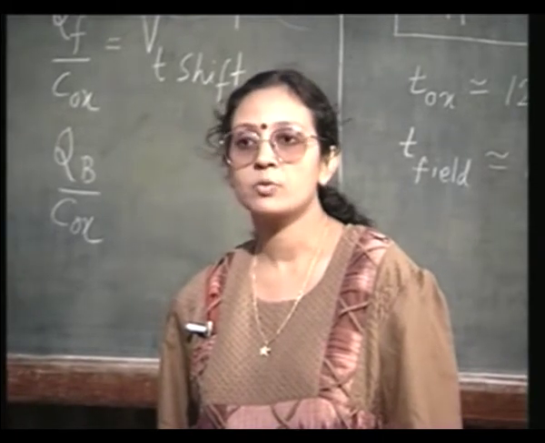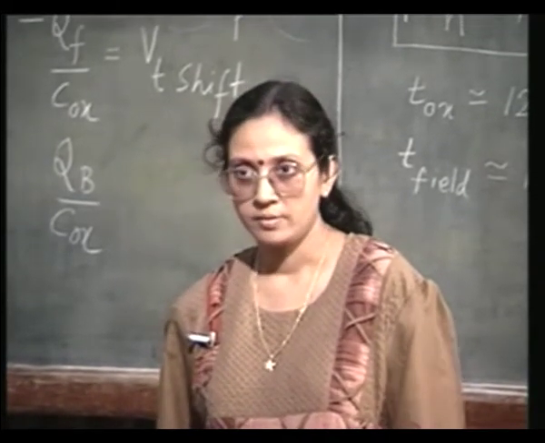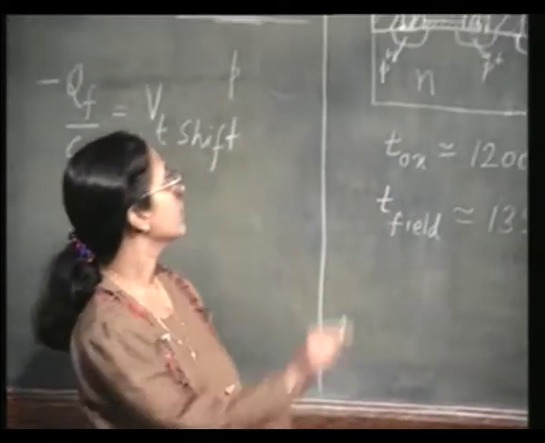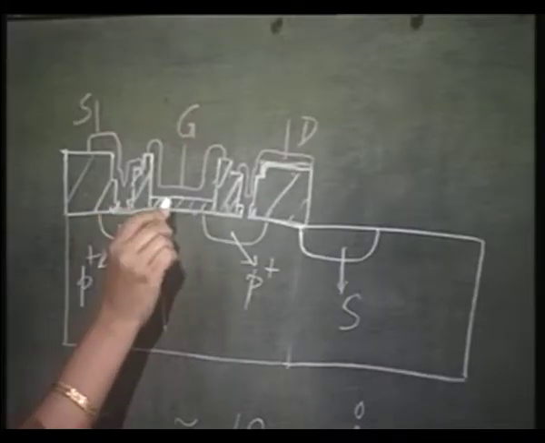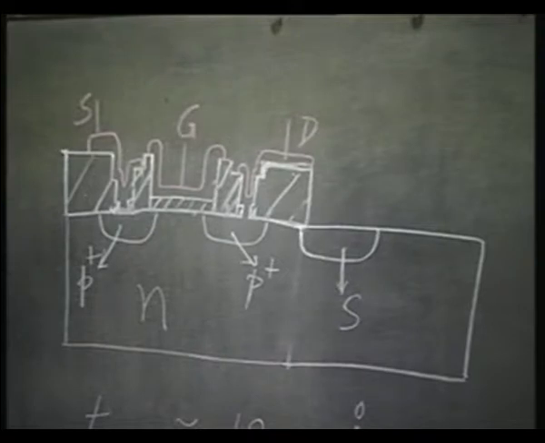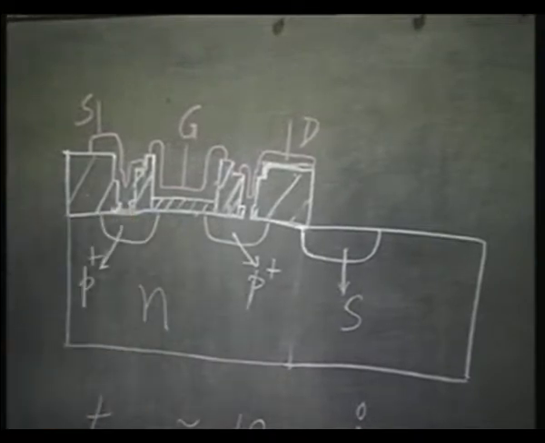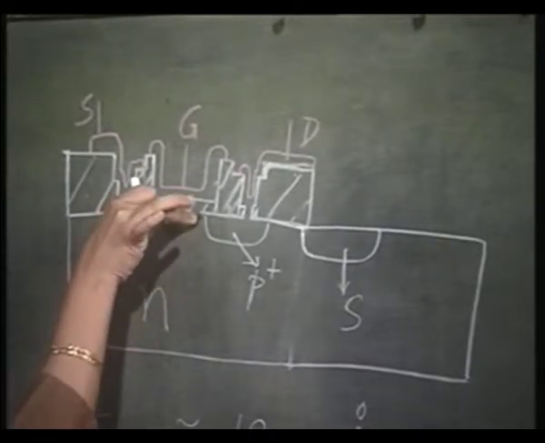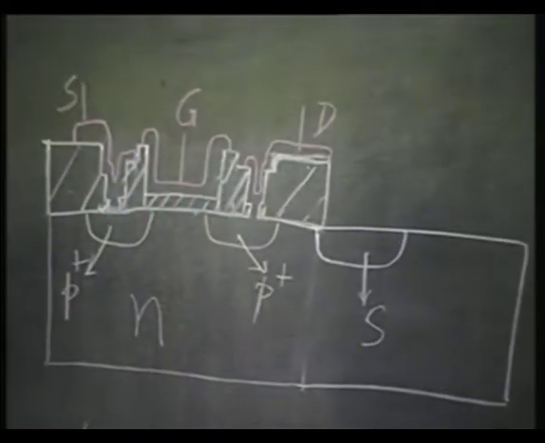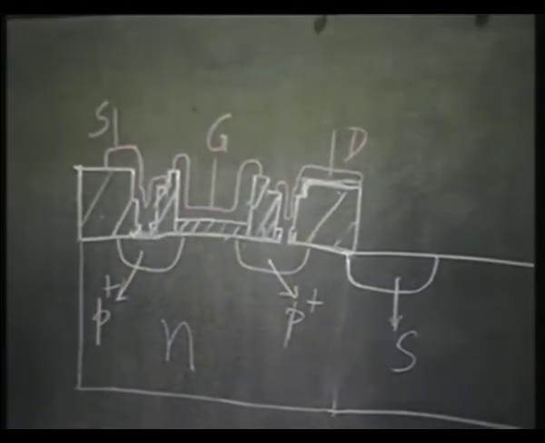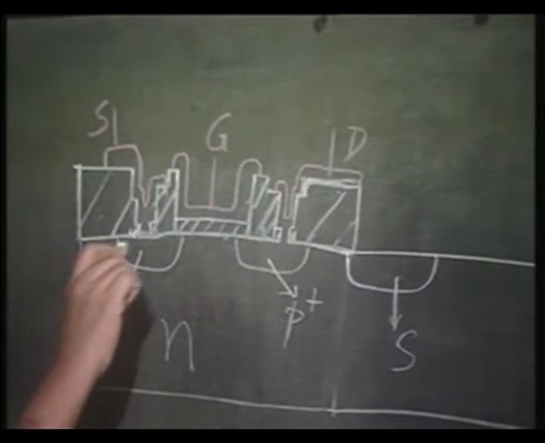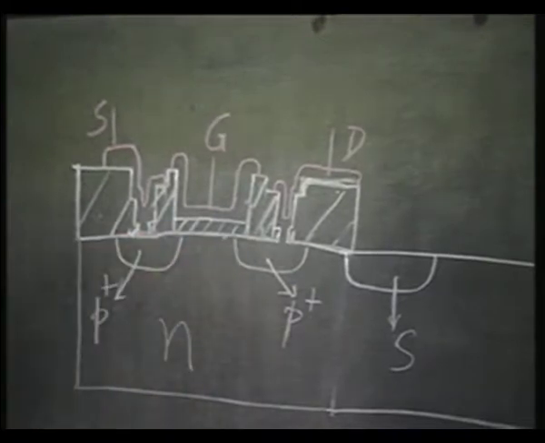So, that means you have to have an allowance, right. You have to have the gate region overlapping the source and drain. So, particularly when the device dimensions are becoming smaller, when the length of this region itself is becoming smaller, in order to ensure that there is an overlap, you cannot really cut down the overlap dimensions much.